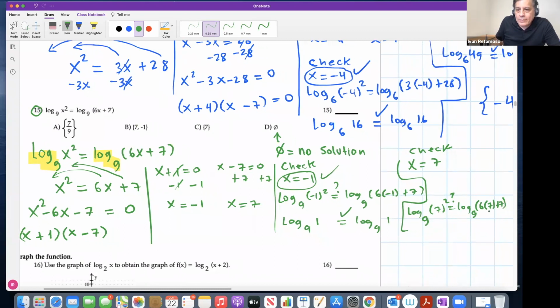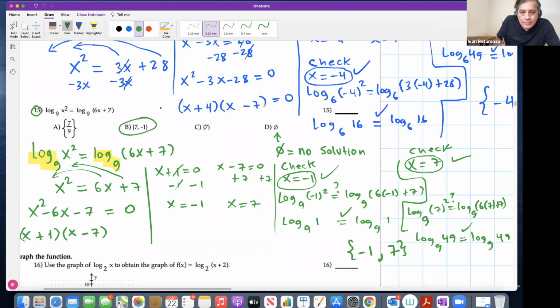Notice this is positive. This is positive. They're both 49. So if you determine that they're both positive, it's enough. It will check. 49. Good. So this means that this one is also okay. Conclusion: solution set -1, 7, which is this one. Excellent, excellent.